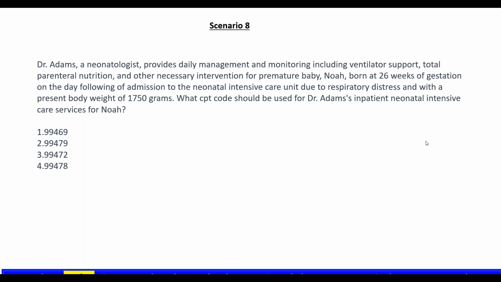Sorry for that. I live in New York. What CPT code should be used for Dr. Adams' inpatient neonatal intensive care service for Noah? You have 2 minutes.